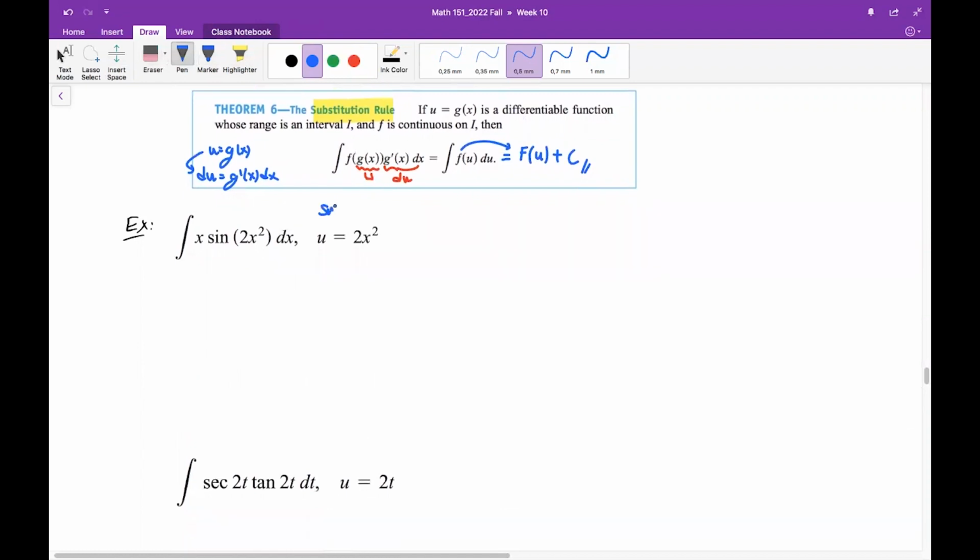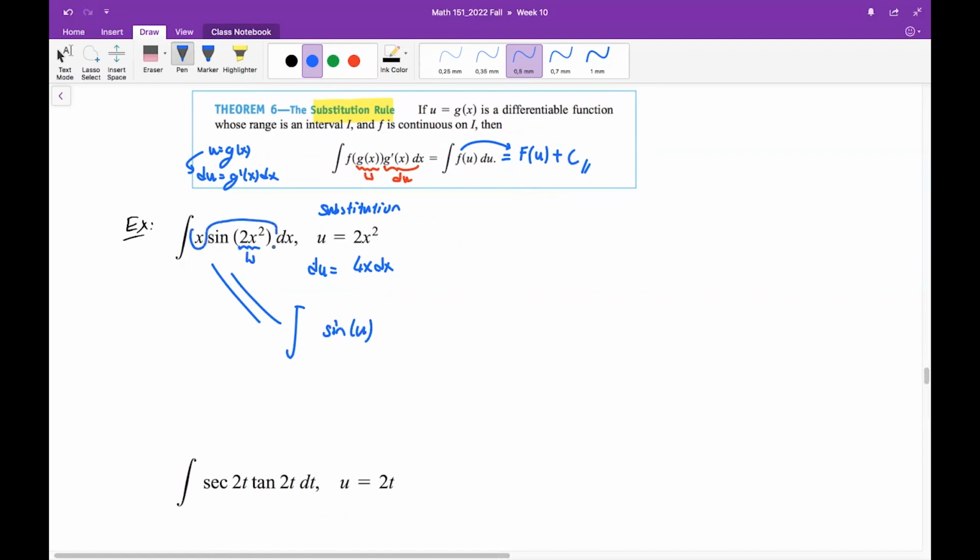Okay, substitution is already given in the first example. Let's choose u as 2x squared. Then what you should do is compute du as this one. And then your aim is to rewrite your function in terms of u and du. You need to get rid of all the excess, okay? And this part you already expressed as u, so sine u.